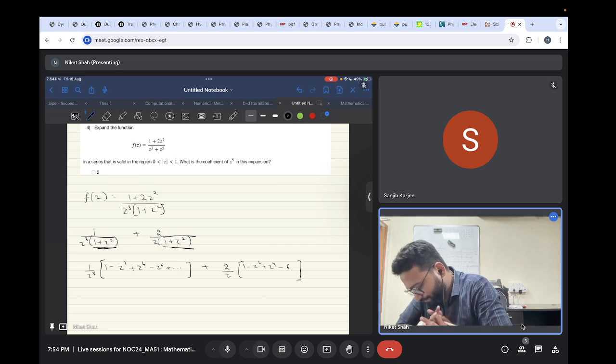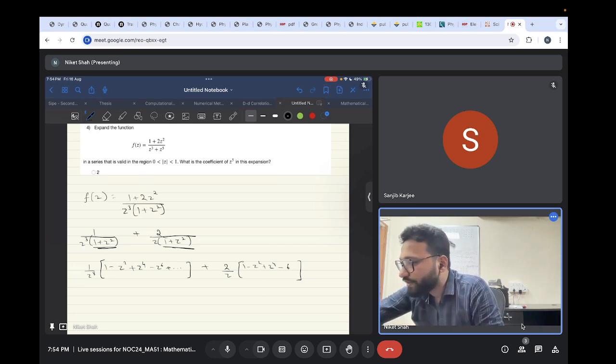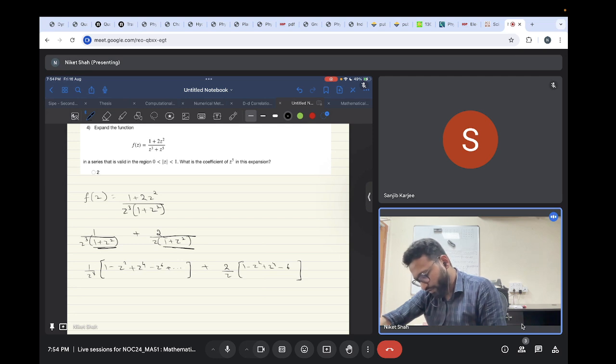Okay, so the question is, what is the coefficient? The coefficient is simply, I want the coefficient corresponding to z power 5.